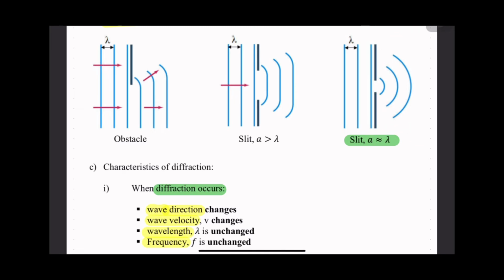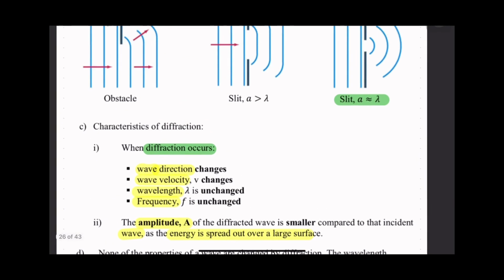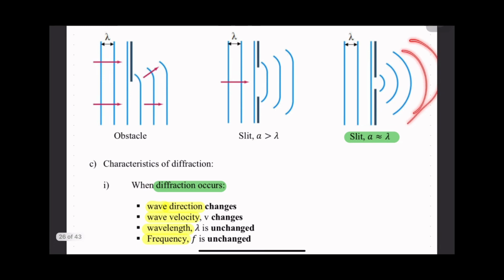So kalau kita kata kat sini you ada duit, dekat sini you banyak duit, tapi bila you keluar daripada obstacle ataupun you keluar daripada slit ni, duit you tu akan spread out. Maksudnya energy you akan bahagi sama banyak kepada orang-orang kat luar ni. So setiap satu akan dapat semakin sikit. Sebab tu kita kata dekat sini the amplitude A of the diffracted wave is smaller compared to the incident wave as the energy spread out over the large surface lah. Semakin besar dia punya surface, maksudnya nilai energy dia akan semakin sikit lah.